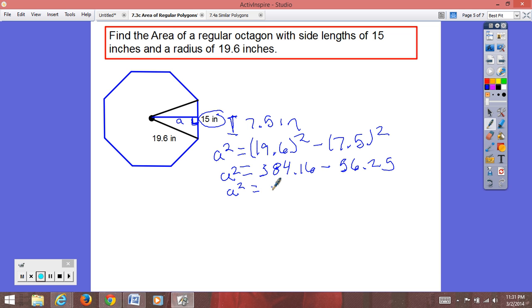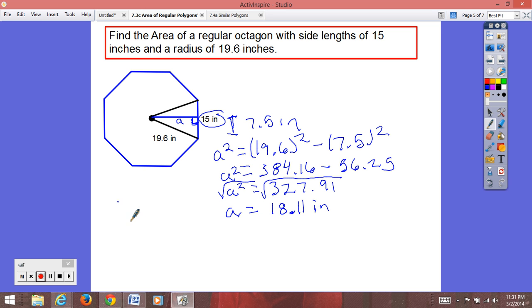So a squared equals 327.91. Take the square root of both sides. We find that a is going to be 18.11 inches if we round to the nearest hundredth.